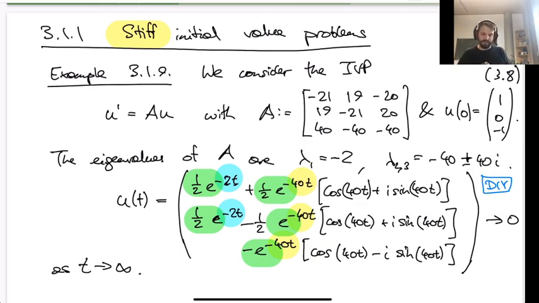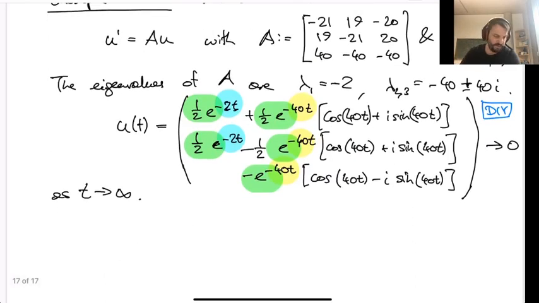So these oscillatory parts will die out much more quickly than the non-oscillatory parts. And so for small time t, because you have the oscillations, you expect that you have to do small time steps to capture all that.